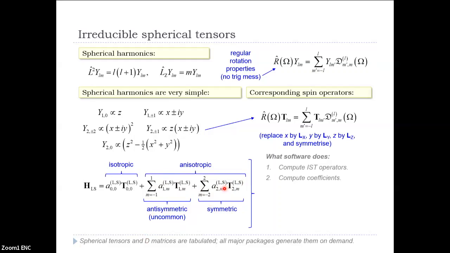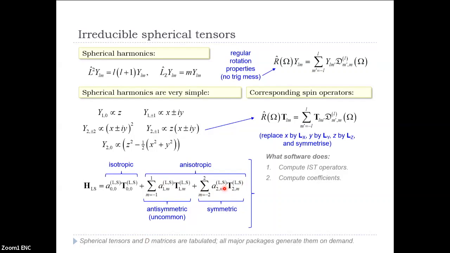Okay, so what does the software do? Notice I glossed over all the technical details here, and that is intentional. So this is when the software comes in. It calculates all of these irreducible spherical tensor operators for you. It calculates all the coefficients for you.